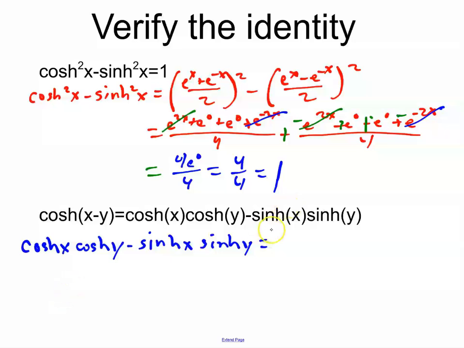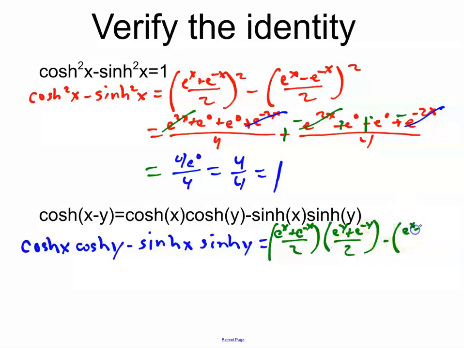Alright, so I'm going to change these to what I know they're equal to. So that's e to the x plus e to the negative x over 2. Hyperbolic cosine of y is the same thing, just e to the y plus e to the negative y over 2.